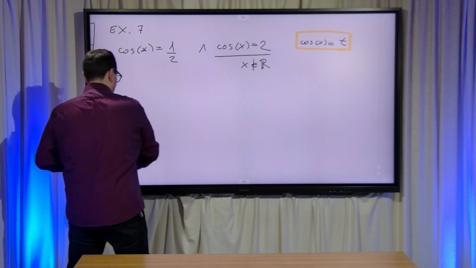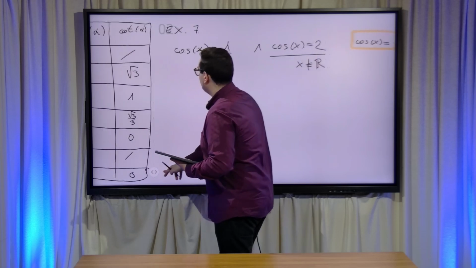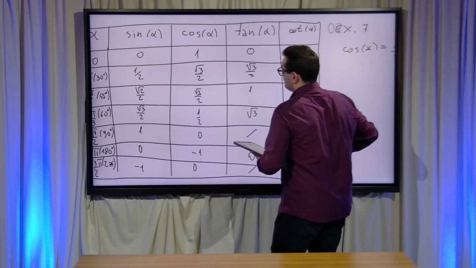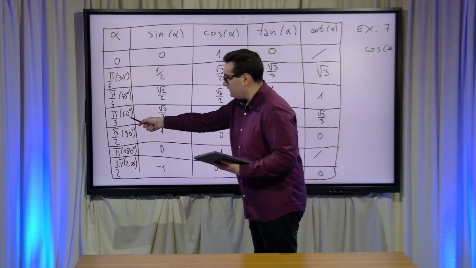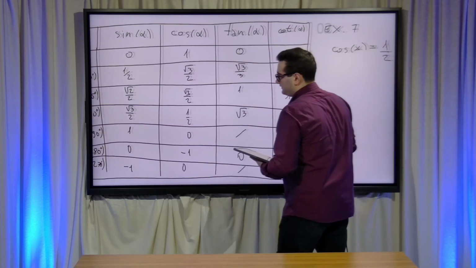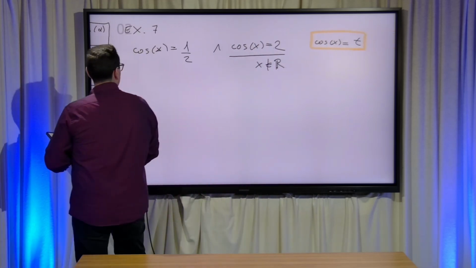And this one, let's look in the table. Cosine is equal to 1/2 when the angle is 60 degrees, so pi over 3.